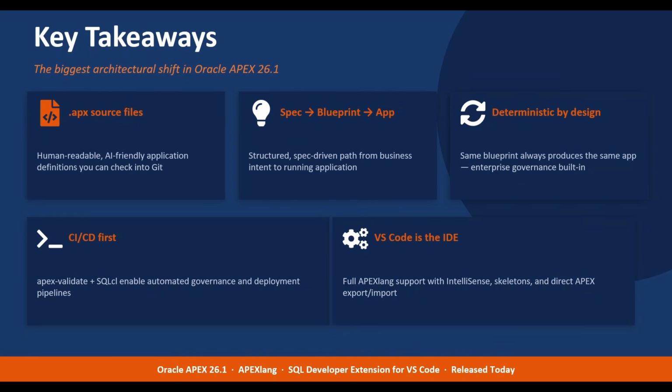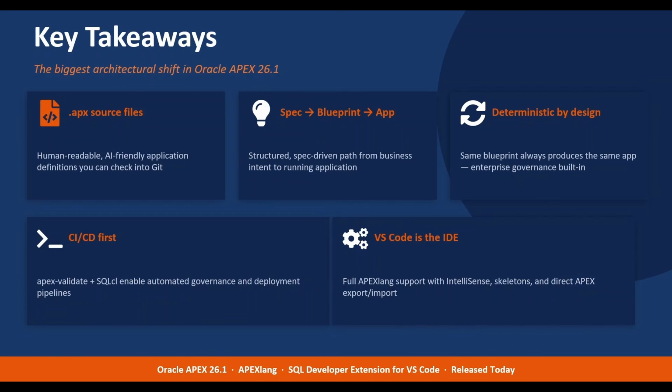The main takeaways are these .apx files, spec driven development for application development, and this blueprint concept, which is pretty awesome. I was totally amazed by that concept. With APEXLang, we would be able to version control it with git, and have a CI/CD pipeline set up so that we can deploy the changes continuously with the help of SQLcl and other things.